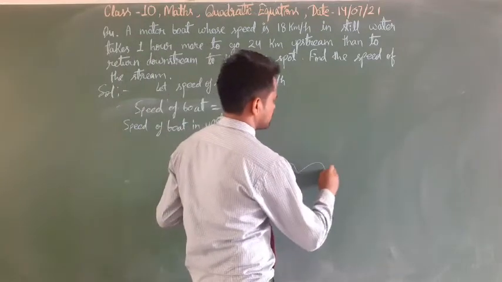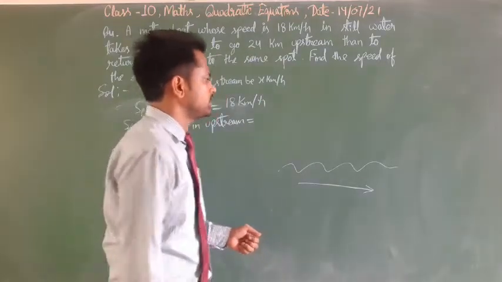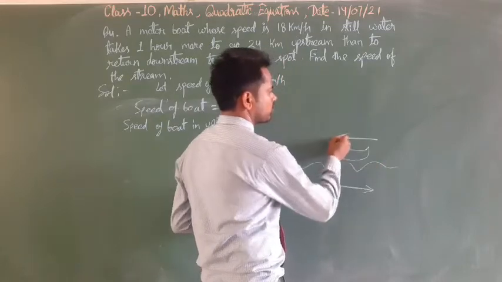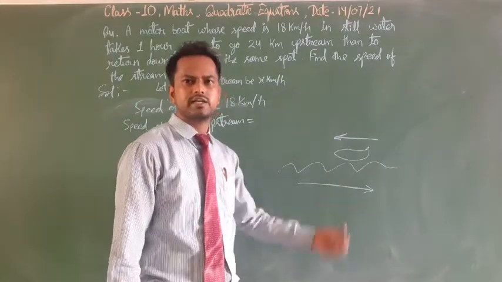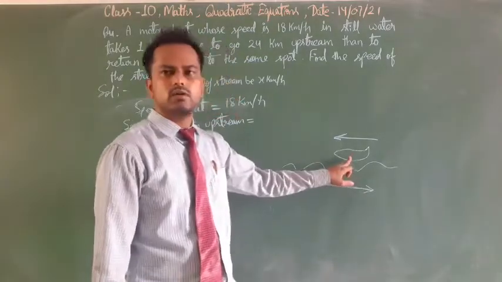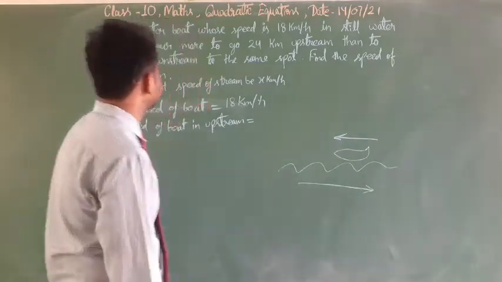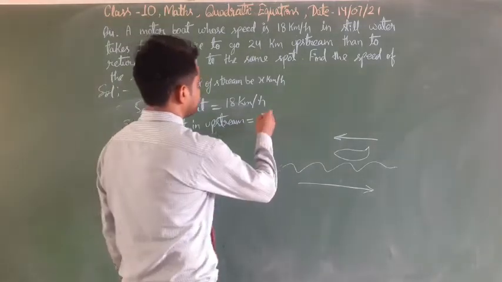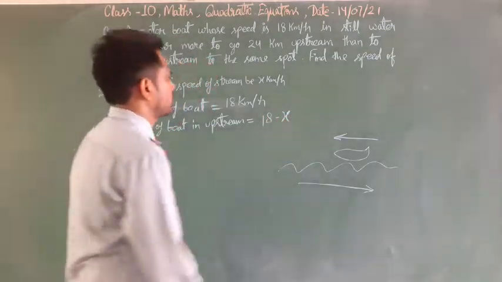Suppose if river flows in this direction and boat flows against the direction of stream, then that is called upstream. And in this situation, speed of boat will be decreased. So speed of boat in upstream will be 18 minus x kilometer per hour.